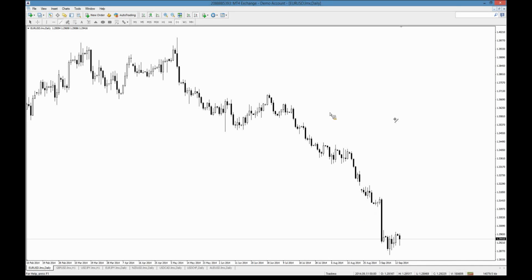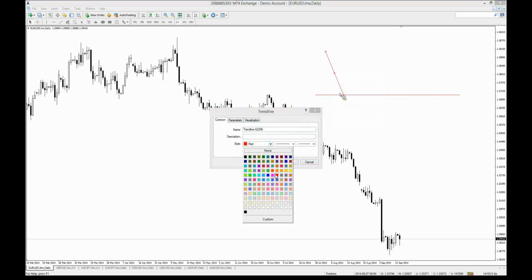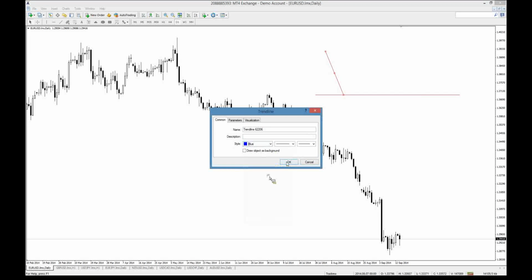Okay, so essentially what you have is an area on a price chart. Let's say price comes down to a level like this. I'm going to just get a line.